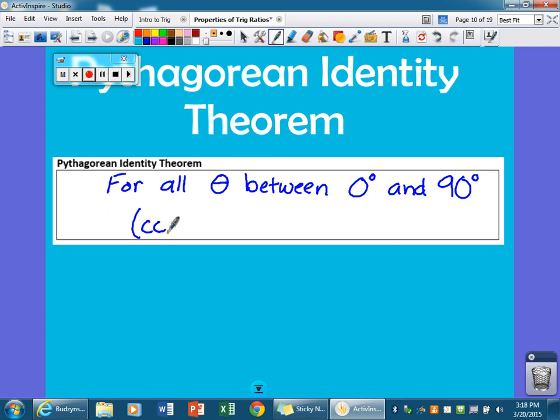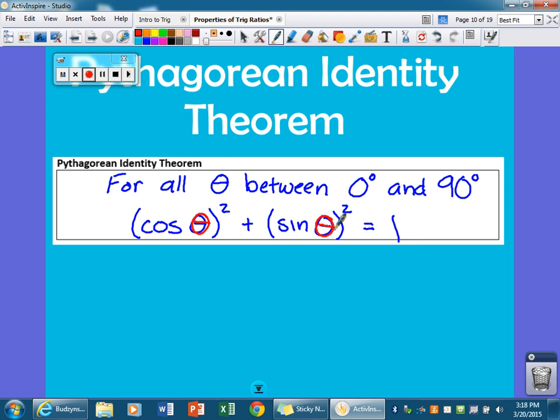It's cosine of theta squared plus sine of theta squared equals 1. Now again, just like in the last theorem, these thetas are exactly the same number. Nothing tricky going on, they're the same.